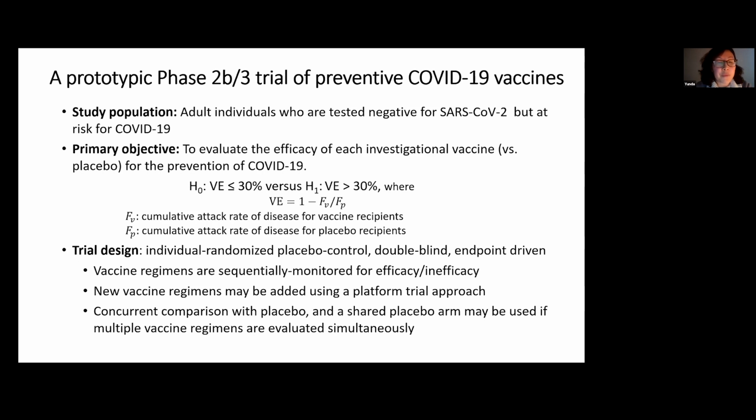In the core protocol, we described sequential monitoring plans for efficacy as well as inefficacy. And as Tom also mentioned, new vaccine regimens could be added into the trial under the structure of the core protocol. A concurrent or shared placebo group may be used when we have multiple vaccine regimens on the horizon to be tested in the efficacy trial.